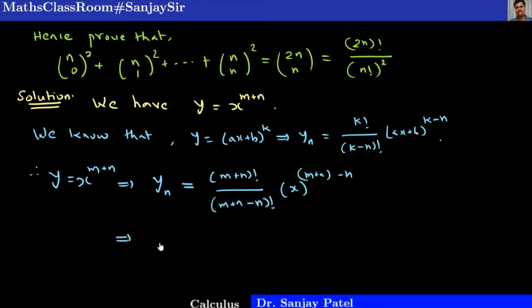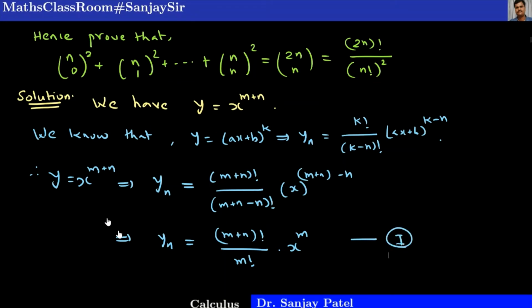So this implies the nth derivative of the given function x raised to m plus n is m plus n factorial upon m factorial into x raised to m. And let us call this result number 1.